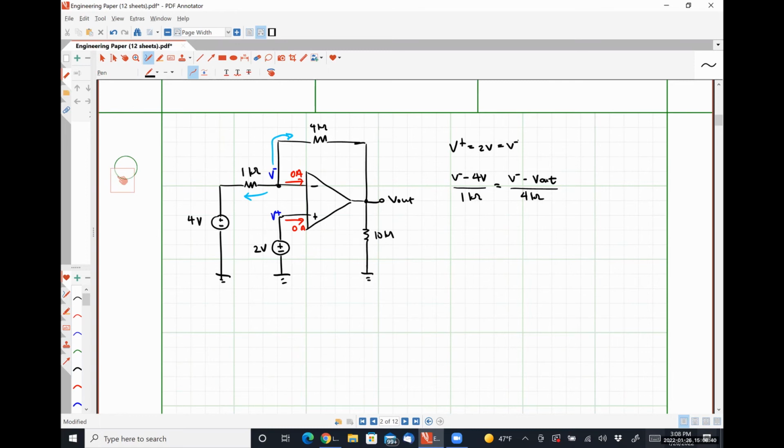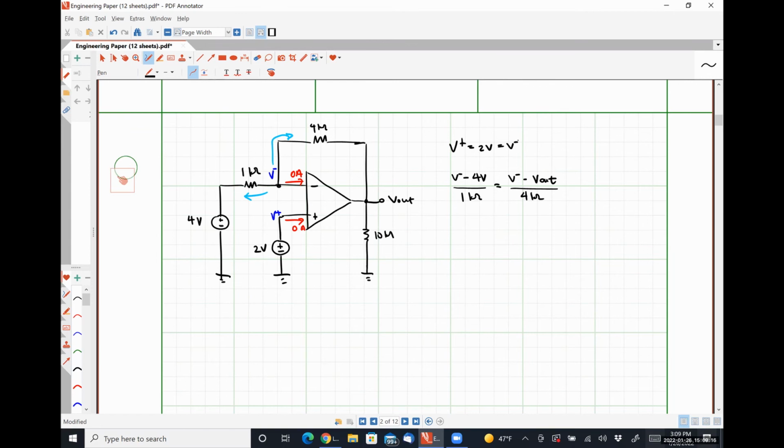And since V plus is equal to V minus, we have a one equation, one unknown system that we can solve for V out very easily. This methodology, finding the voltage at the non-inverting input terminal, applying op-amp rule number 1, and then applying KCL at the inverting input terminal, will allow us to calculate V out for practically every op-amp circuit we're going to deal with in this class, regardless of its complexity.